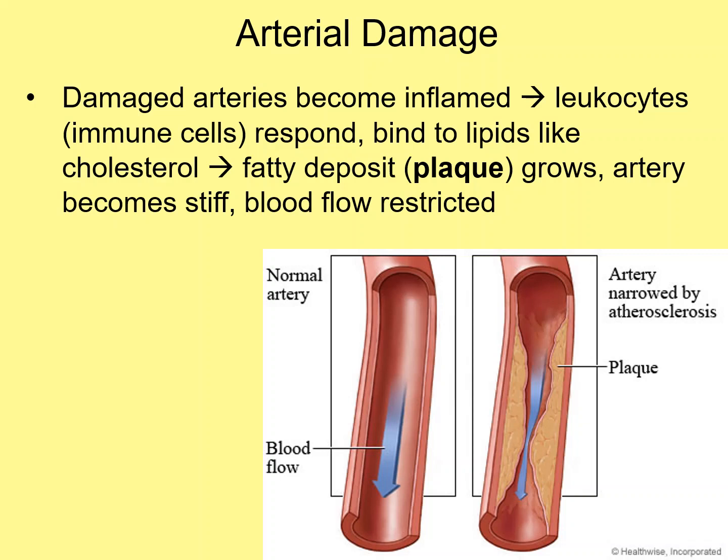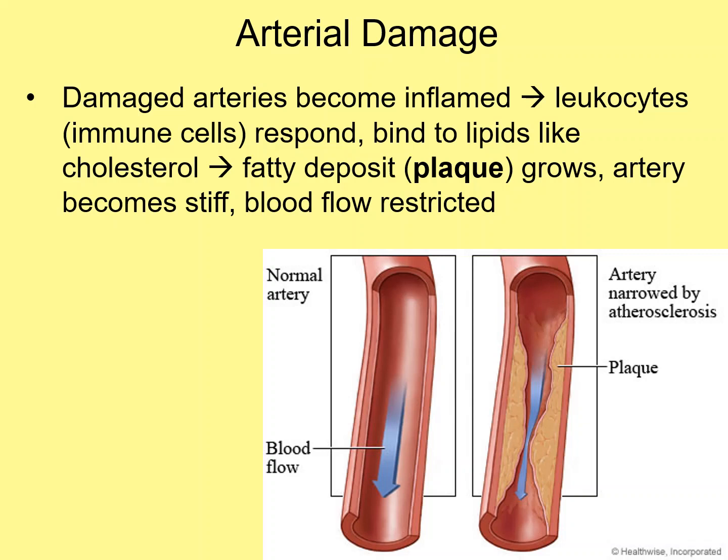And of course, if it gets to be too much, you have blood that's going through at tremendous pressure, but maybe only able to go through one red blood cell at a time if it's that restricted. If you have something like that, then you are at increased risk for enough pressure to cause that plaque to burst or rupture. That can cause the walls of your arteries to rupture, or any damage can cause a thrombus to form.